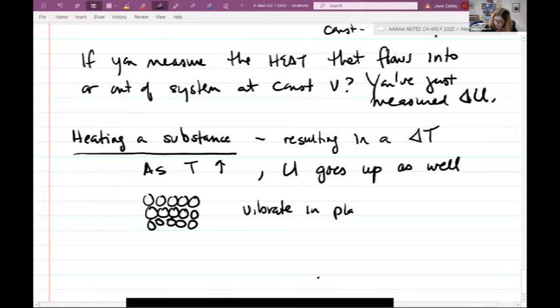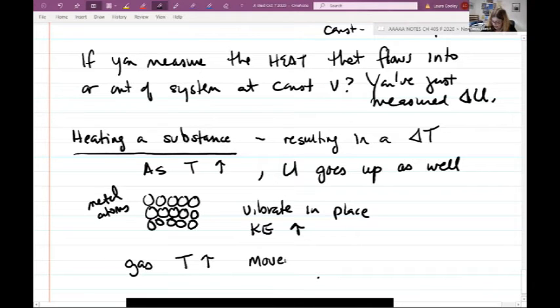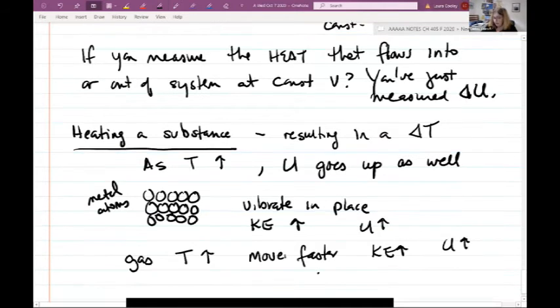That's all they can do. And so the kinetic energy goes up. They're vibrating faster, right? Or if you have a gas and you heat the gas, all the molecules move faster. The kinetic energy goes up. Well, that's the internal energy. The internal energy goes up.